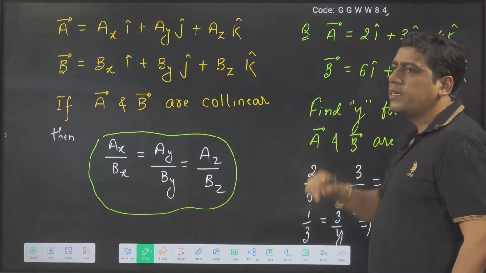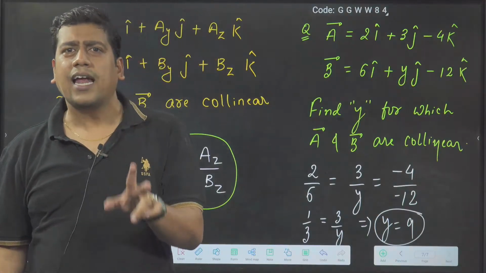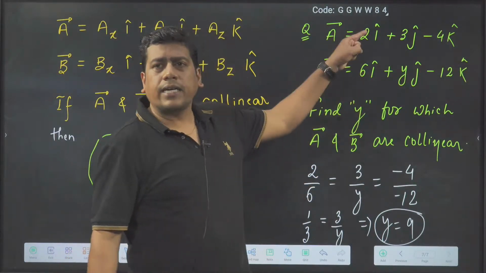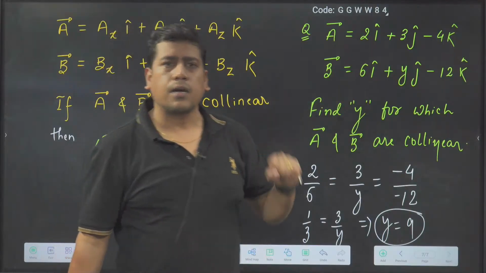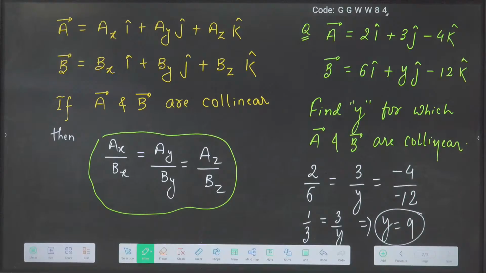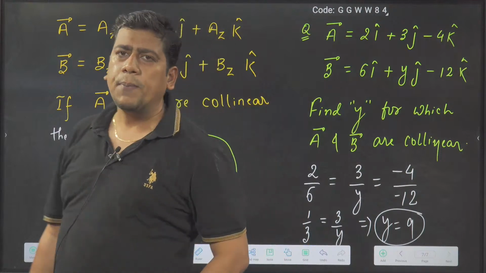Tell me, are a vector and b vector parallel or anti-parallel? They are collinear, but collinear can be parallel or anti-parallel. Parallel. Why not anti-parallel?